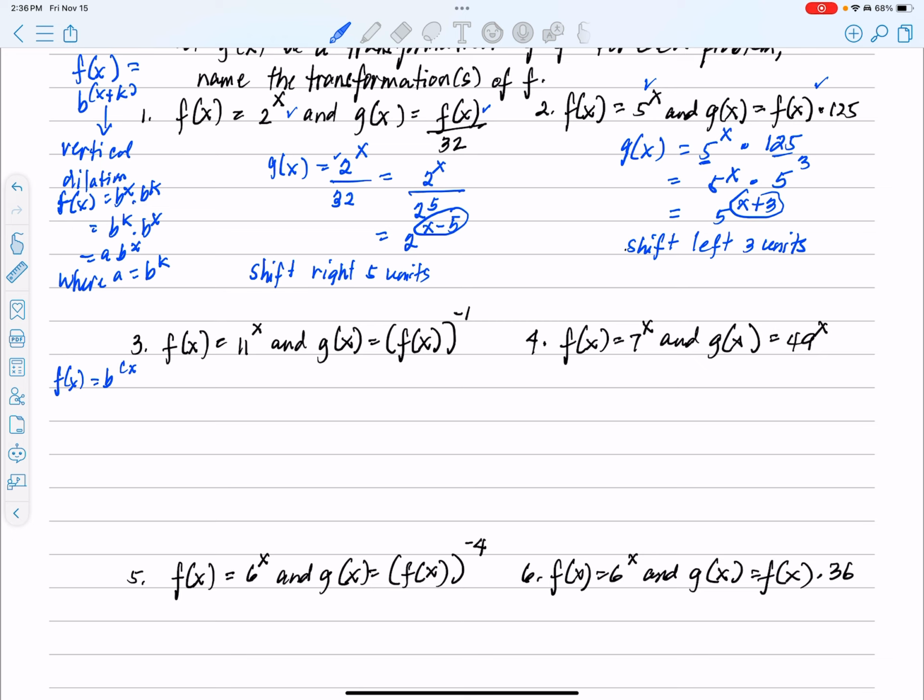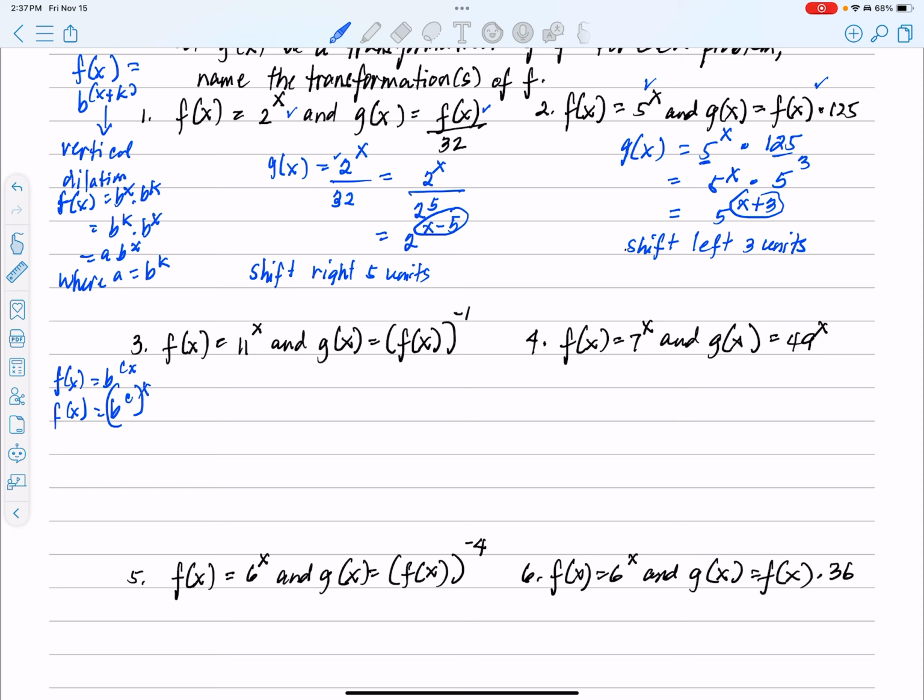It could be written as b to the power of c raised to the x power. And when we multiply, it might be stretch or shrink. So there is a horizontal dilation taking place.